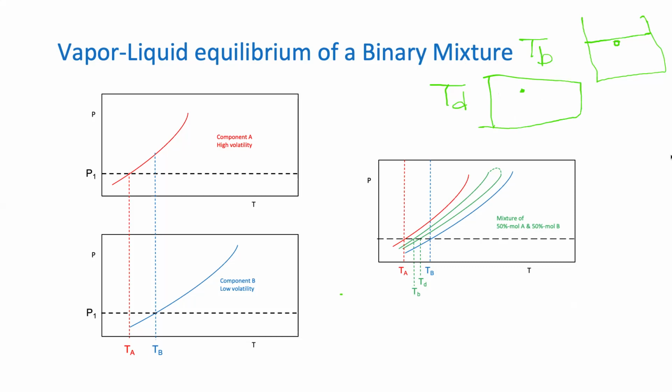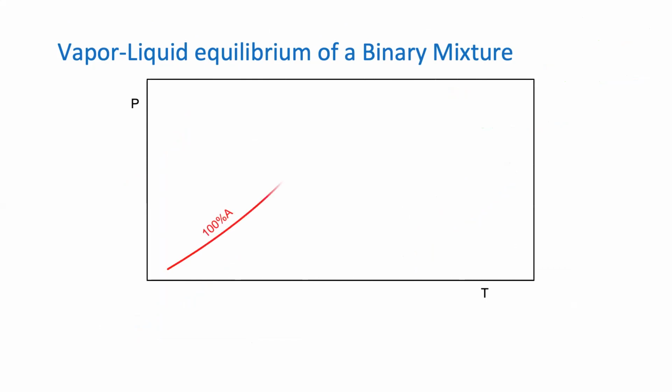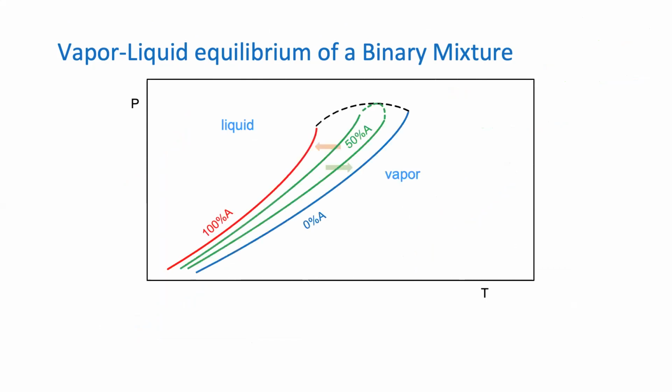So the idea of this graph tells you that for a binary mixture, you don't have one line for the interface between the vapor and liquid, but you have one area of the vapor liquid mixture. So it would look like this.